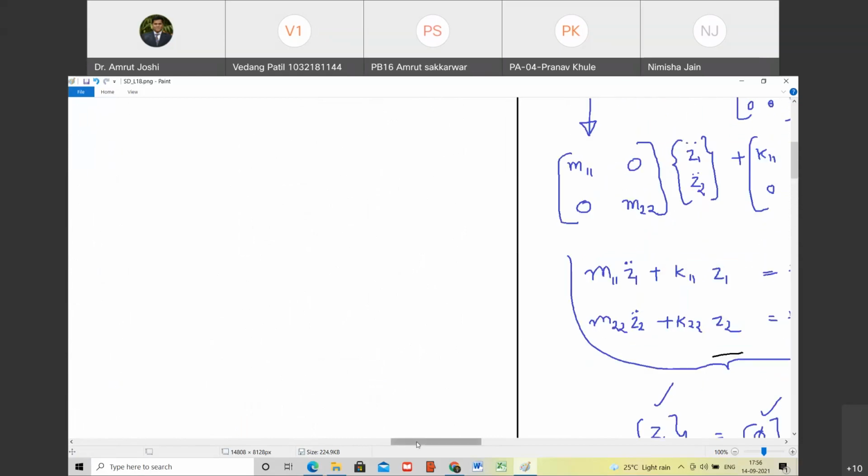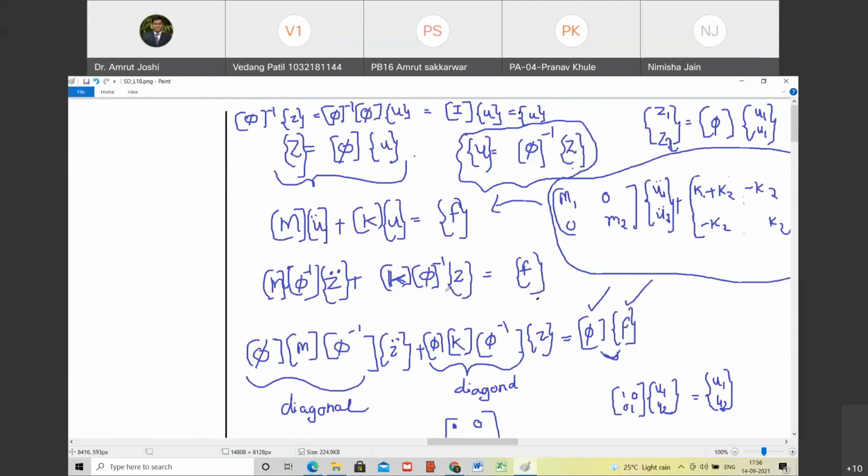Yes. Once I get the phi matrix, I propose that I will make a substitution. What is the substitution? Z is equal to phi times U. Happy? Yes, sir. If I make that substitution in the parent governing differential equation, I get M phi inverse Z double dot plus K phi inverse Z equal to F. Happy?